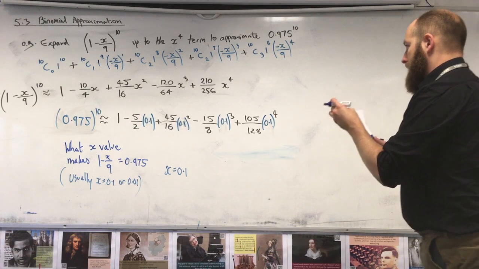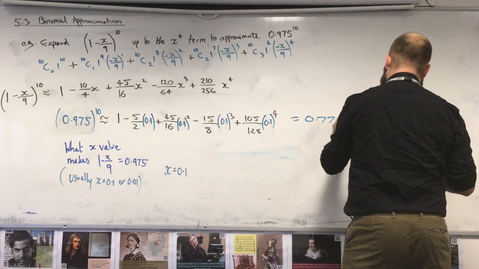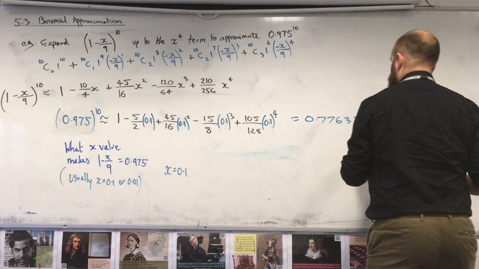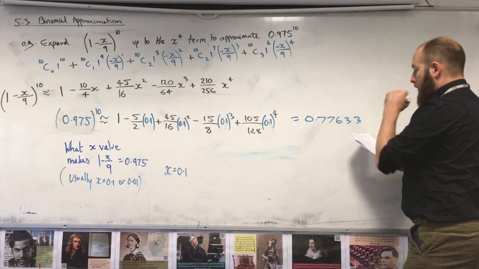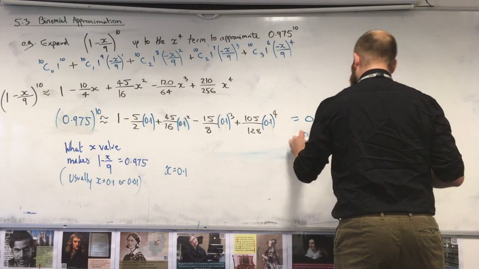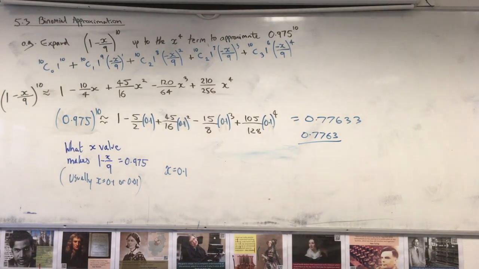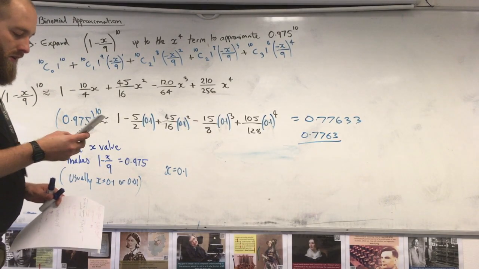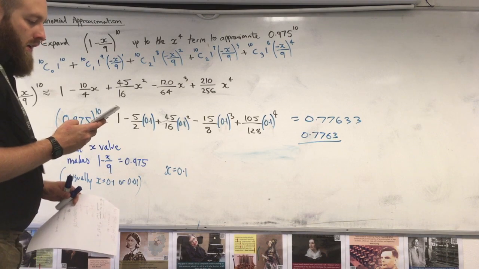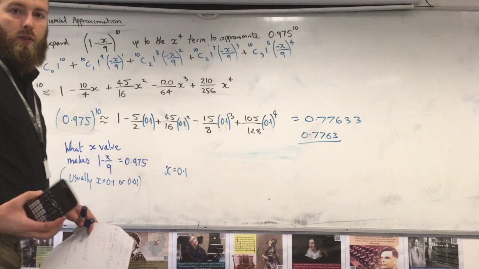Cool, which I think ends up giving us 0.7763, to 4 decimal places. And you can check on your calculator what the actual value is, and it does give you the same first 4 digits.